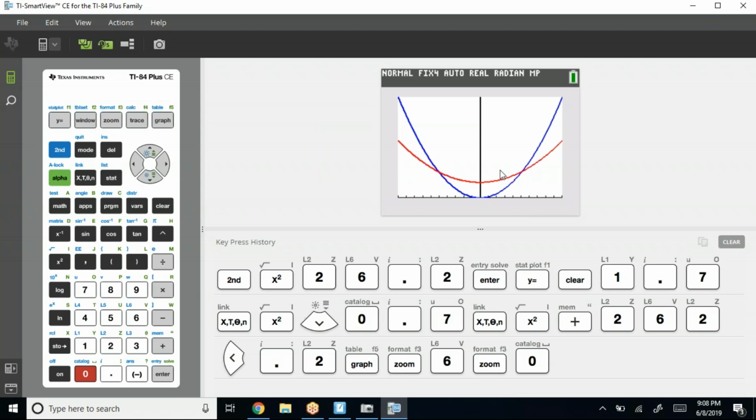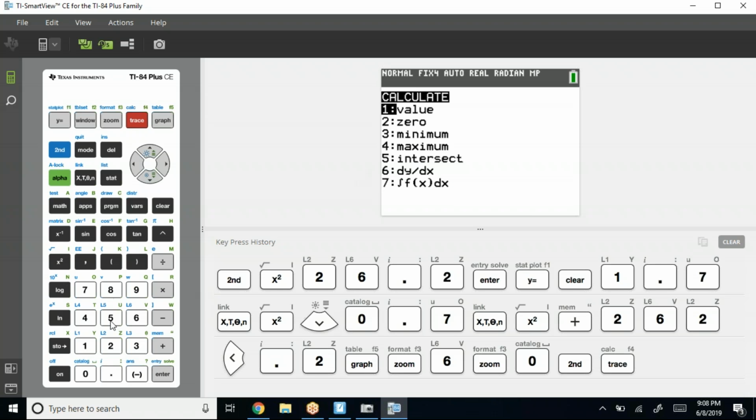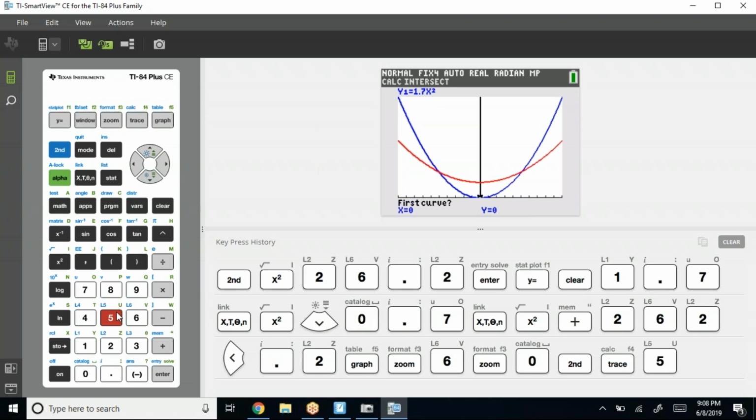Okay. So anytime you have to analyze a graph on the calculator, you're going to hit second trace. So second trace, we hit number 5, which says intersect, right? All right. Now, you see my cursor down there? I need to move it to the intersection that I want, that way the calculator will pick up on it.